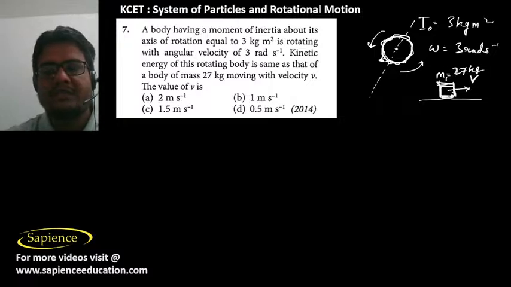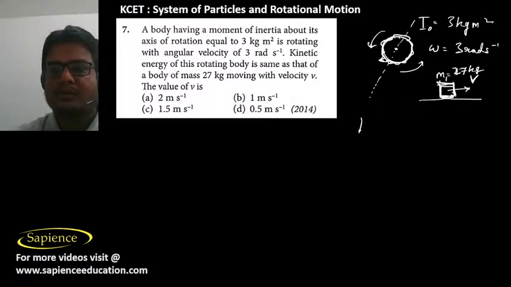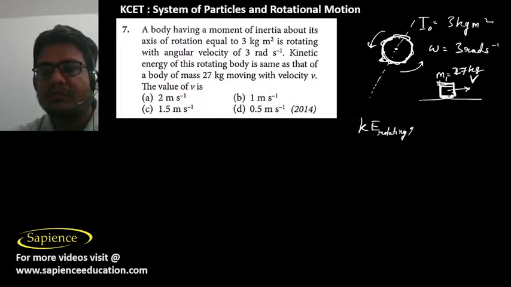So it will have the same kinetic energy as this rotating body. Therefore, the kinetic energy of the given rotating body is equal to the kinetic energy of this translating body.